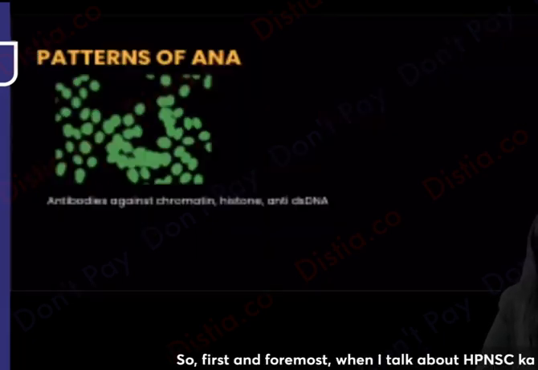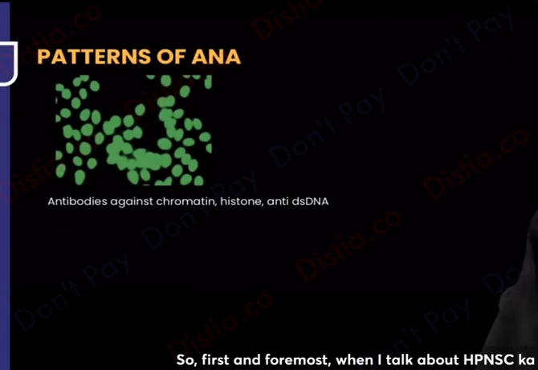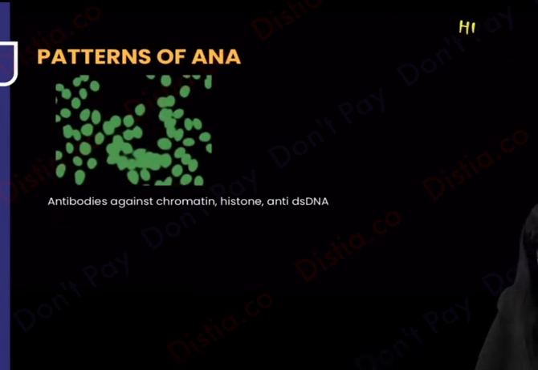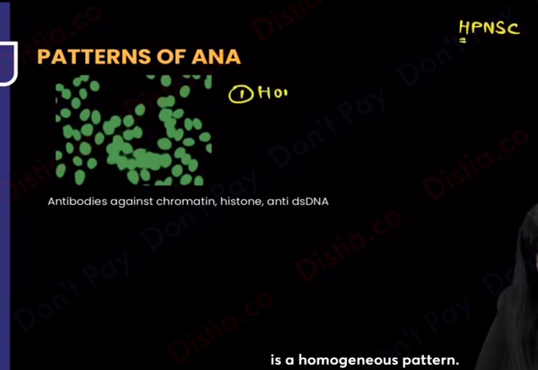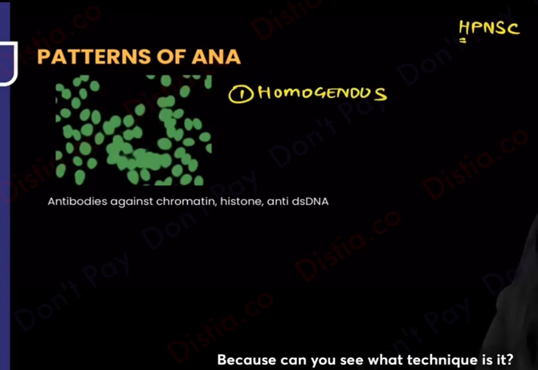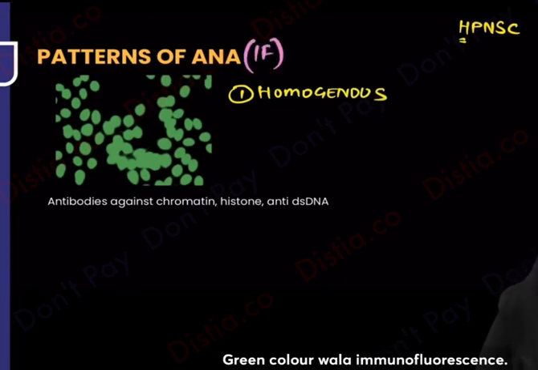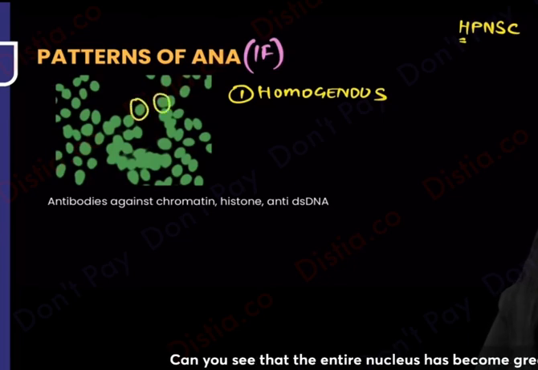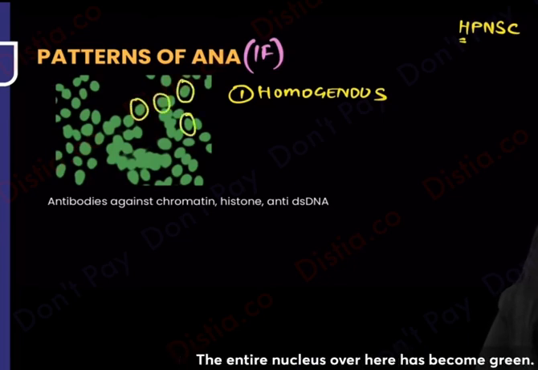So first and foremost, when I talk about the H of happens, I'll keep writing happens on every slide so that you keep remembering. The H of happens means the first pattern is a homogeneous pattern. How do you know homogeneous? Because can you see what technique it is? Green color immunofluorescence. Can you see that the entire nucleus has become green?